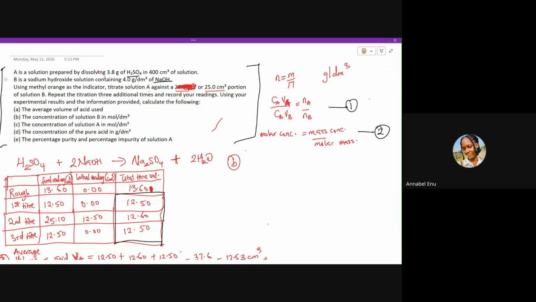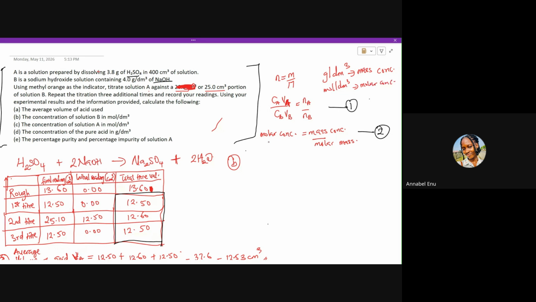That is mass concentration of base. So we can use the second formula to get our B. Now, take notes. Gram per dm cube is the unit for mass concentration. Mole per dm cube is the unit for molar concentration, okay?